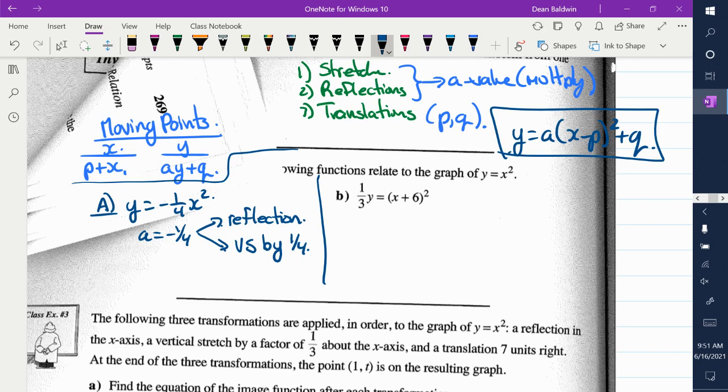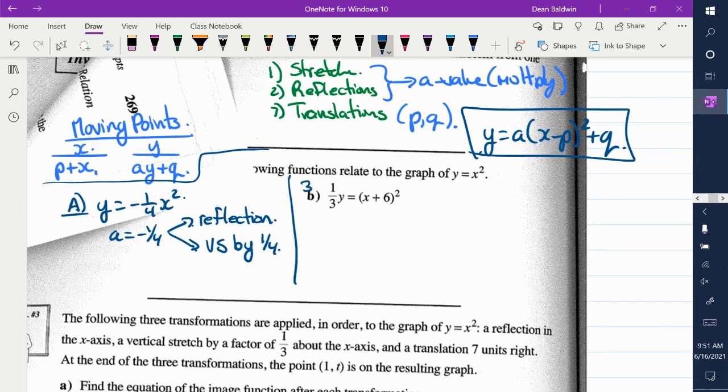How do I get rid of the 1/3? Divide by a third, or just multiply the 3 up. Same thing. Okay? If you just multiply this side by 3, they cancel, and multiply this side by 3. So I get y is equal to 3 times x plus 6 all squared. So a value is 3, which means we did a vertical stretch.